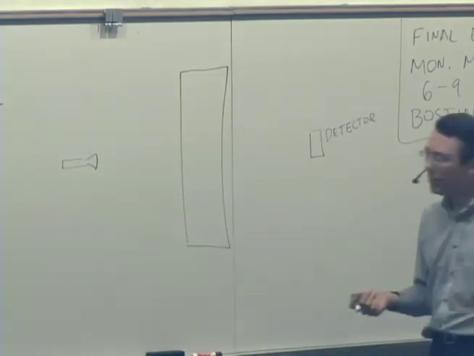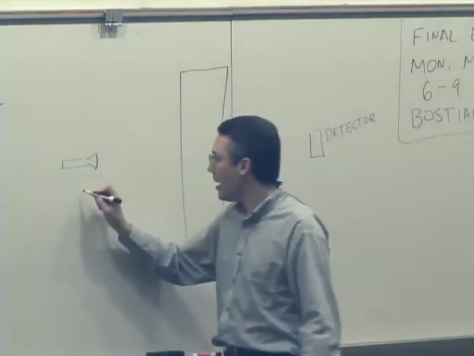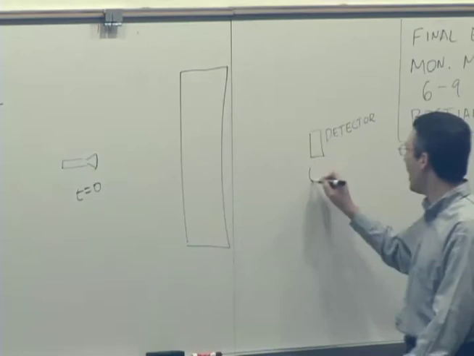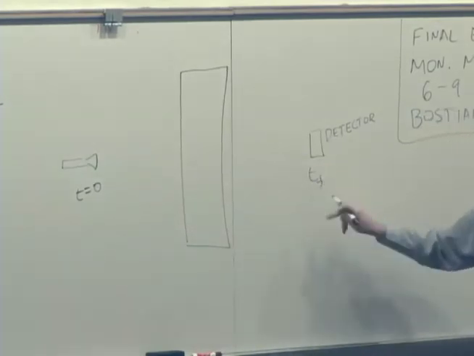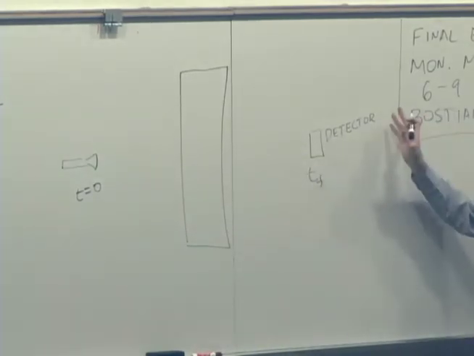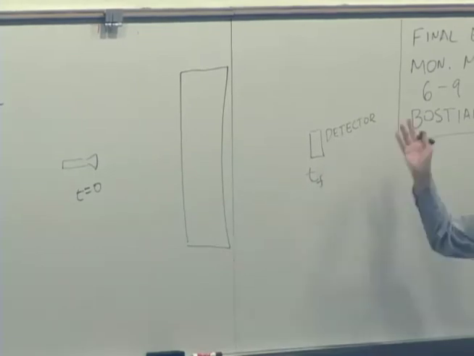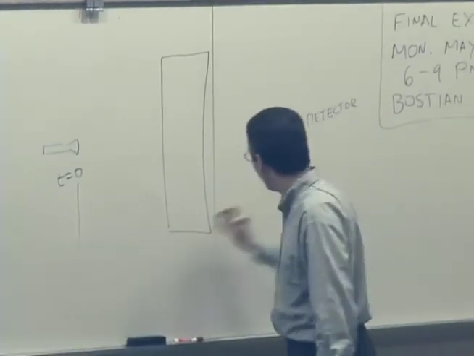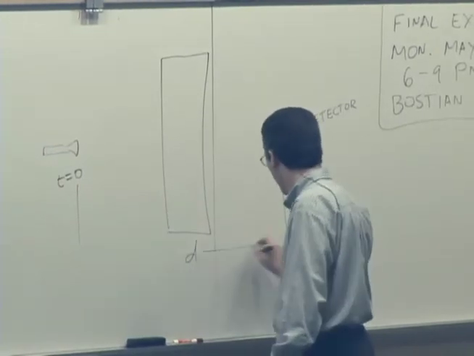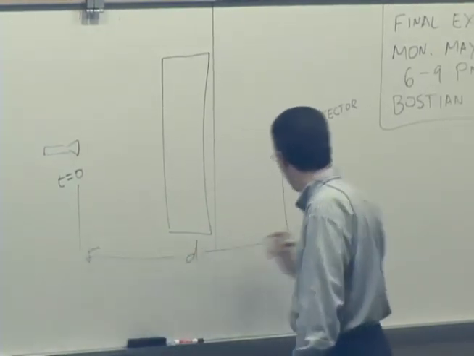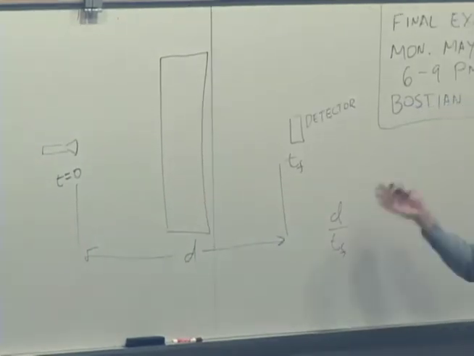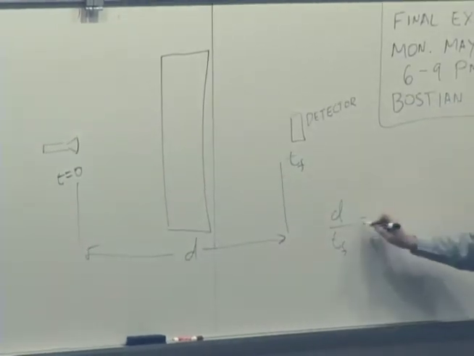One is turn on the flashlight at t equals 0, and then measure the time when your detector actually measures light hitting it, and then the speed is going to be this total distance divided by that time. That should give you the speed of light. That should give you 3 times 10 to the 8th meters per second.